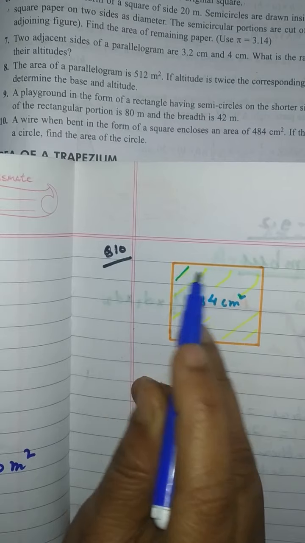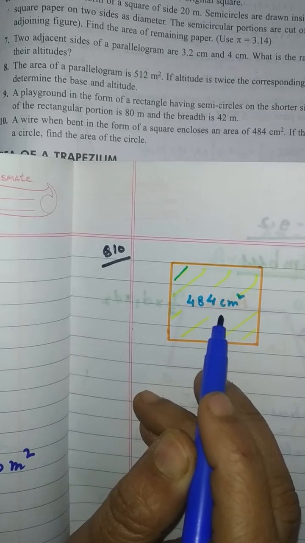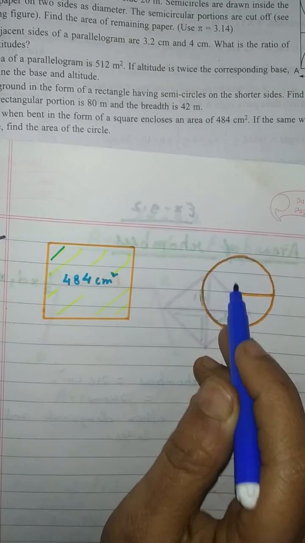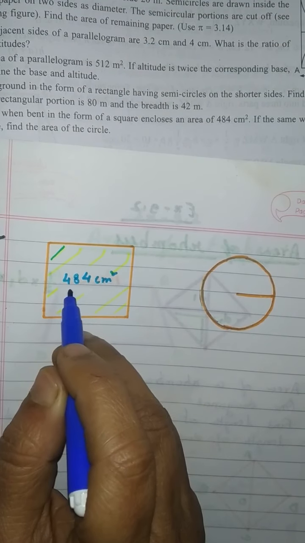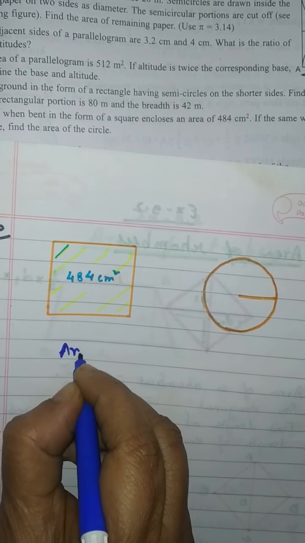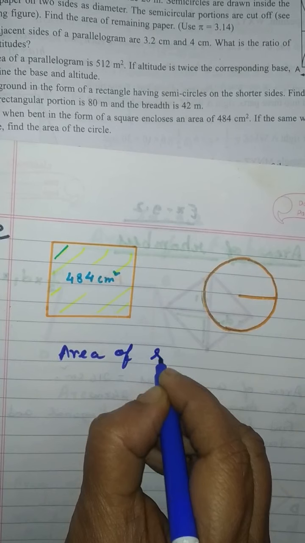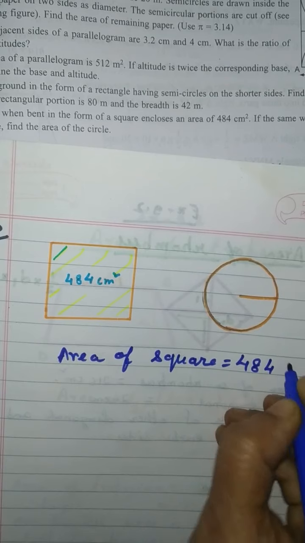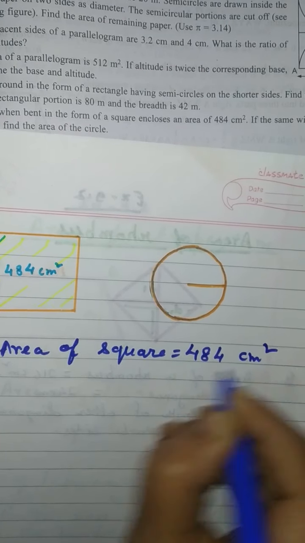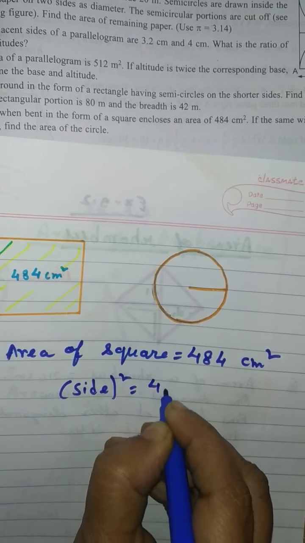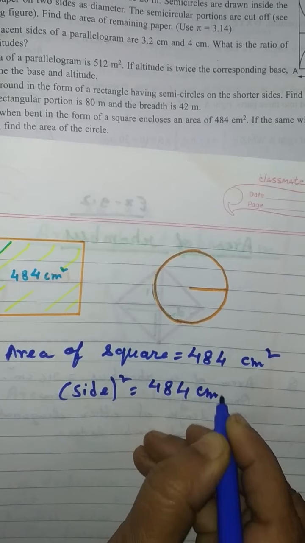So when the wire is in the form of a square, its area is 484 centimeters square. If the same wire is bent to form a circle, we have to find the area of this circle. Area of the square is equal to 484 centimeters square. Area means side square, that is 484 centimeters square.